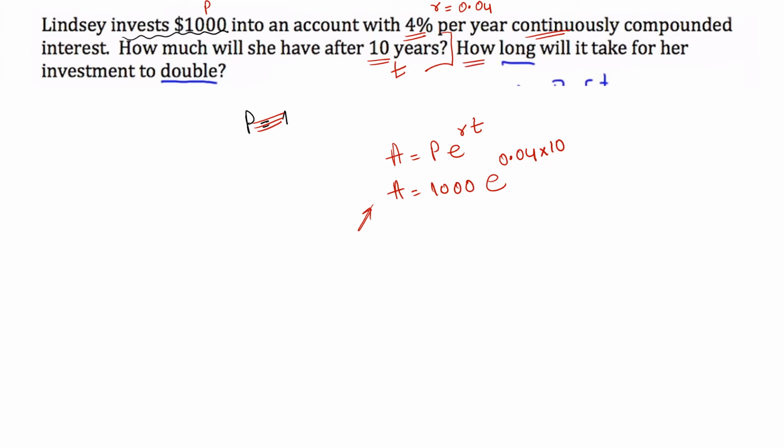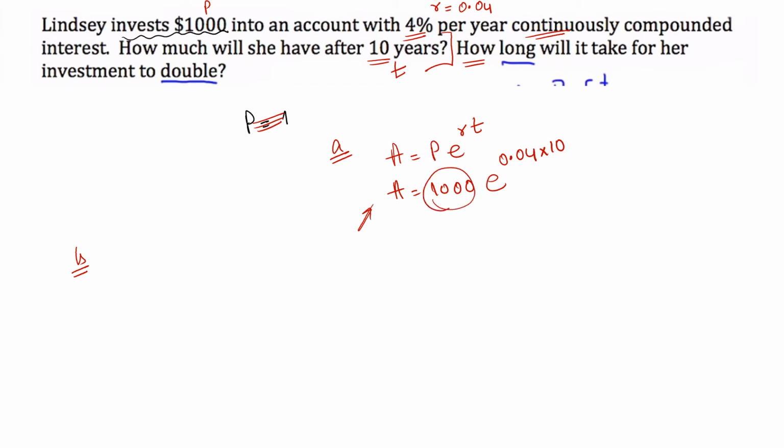Now the next part. How long will it take for her investment to double? What does it mean? Maybe they give you the question in that way. Maybe the same question could be given and part A is not given in the SAT exam. Only part B is given, that how long will it take for her investment to double. What does it mean?